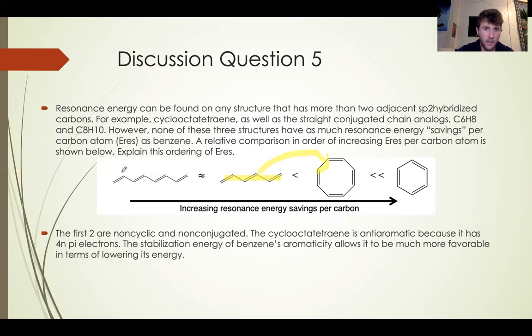So the first two are actually not conjugated, and they're going to have less energy savings than this cyclooctatetraene. Now, this is anti-aromatic, though, so it's going to have a lot less energy of stabilization compared to something like benzene, which is aromatic, perfect bond angles. It's just an ideal molecule for lower energy. And that is all. Thank you very much.